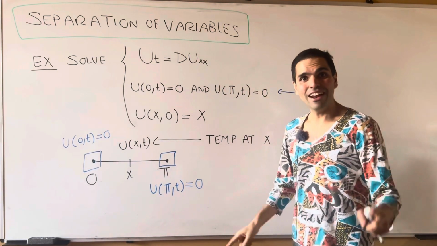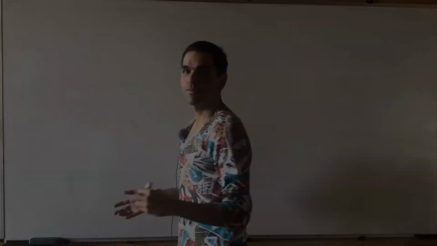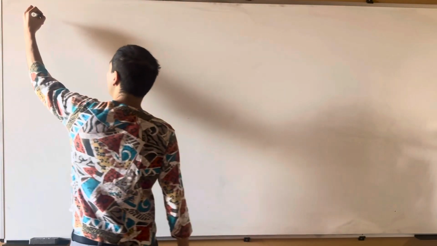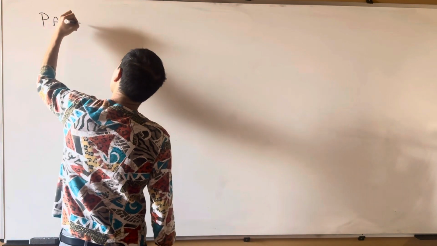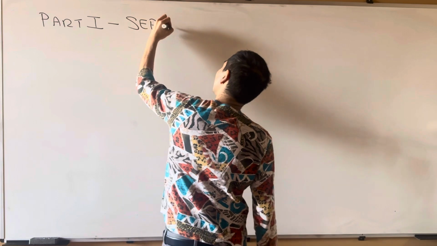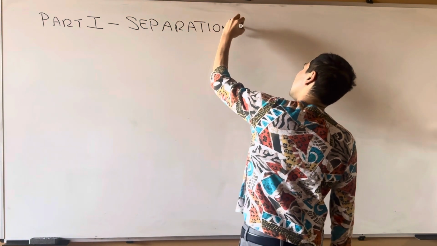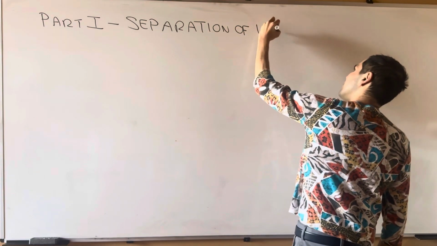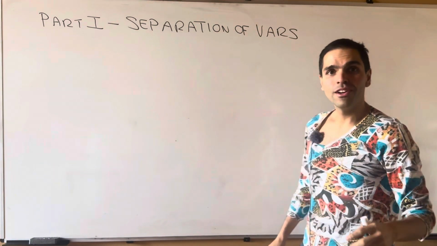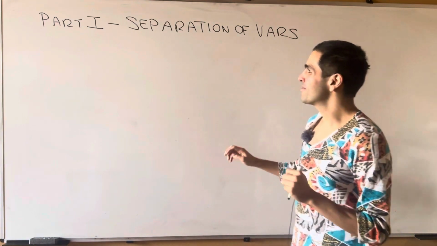Okay, now get ready for a separation of variables adventure. So part 1, separation of variables. I kid you not, there'll be 6 or 7 parts, but this is one of the techniques where if you do it a couple of times, you will get better at it, I promise.